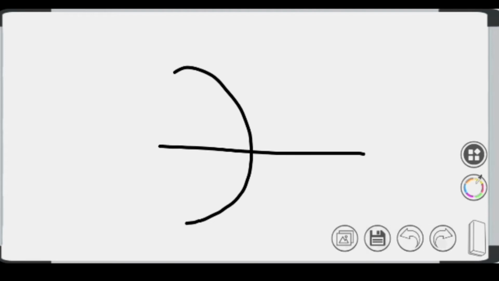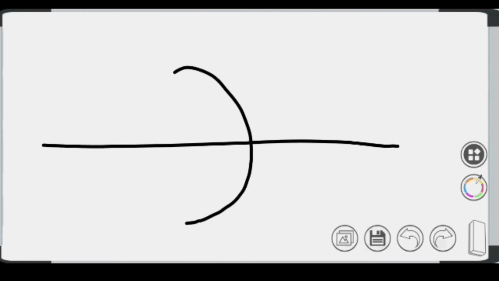Let's draw again our convex mirror, our principal axis always first, and then our pole, our focal point, and then we can draw our center of curvature.